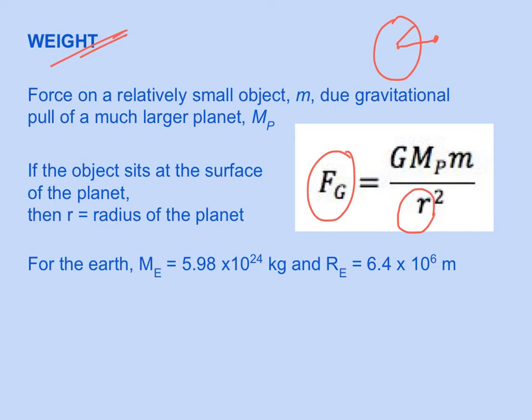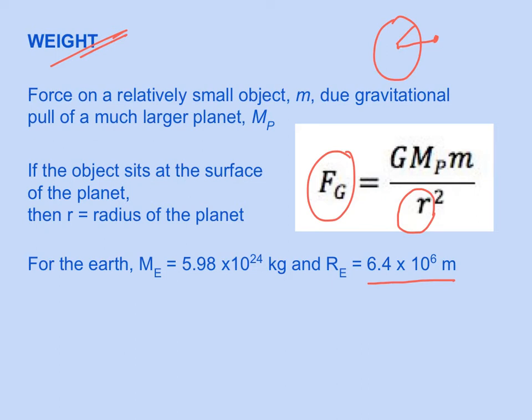Again, don't think about traveling up to the top of a mountain and having significant weight loss. That's not the kind of distance we're talking about here, because the radius of the Earth is 6 million meters. In order to have a significant effect on your weight, you would have to move that sort of a distance away.